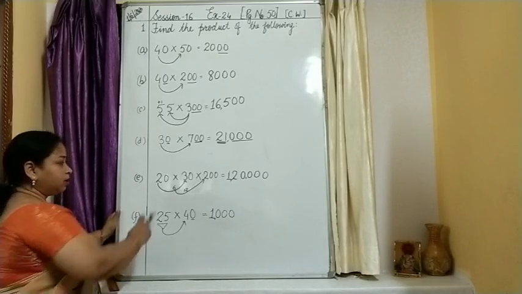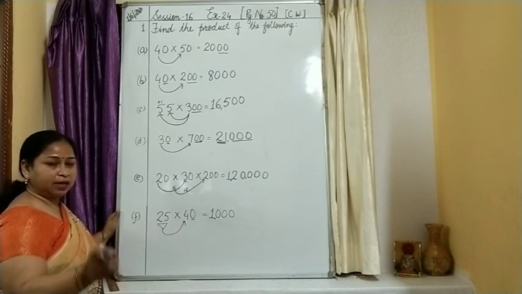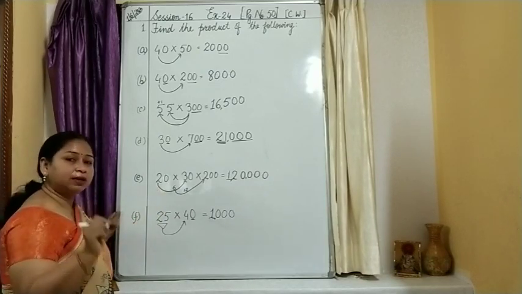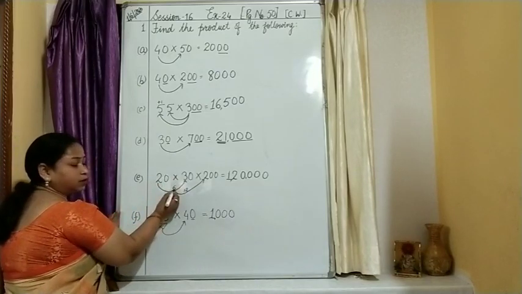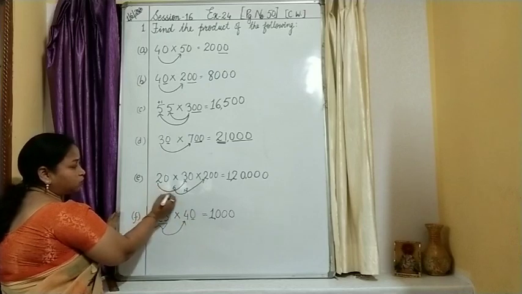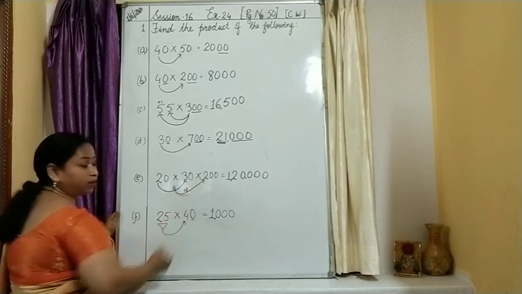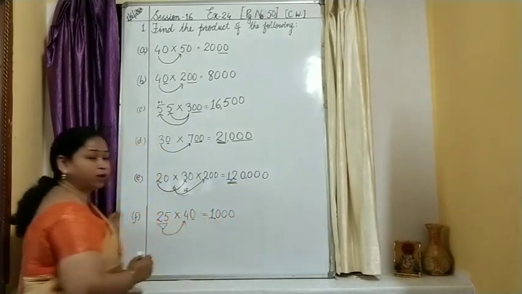Now here you can see 3 numbers are given which you have to multiply. Again a shortcut method. First of all, concentrate only on the digits which are given. So 2 3s are 6. Got it? 2 3s are 6. So 6 multiplied by 2 is 12. So you have the number 12 over here.